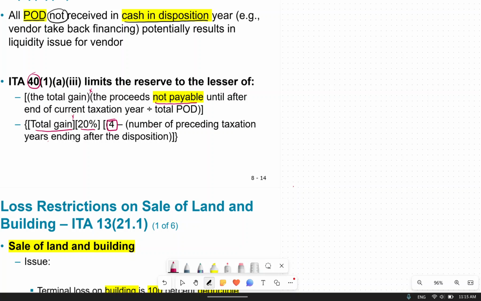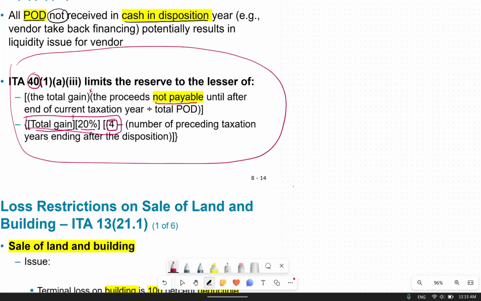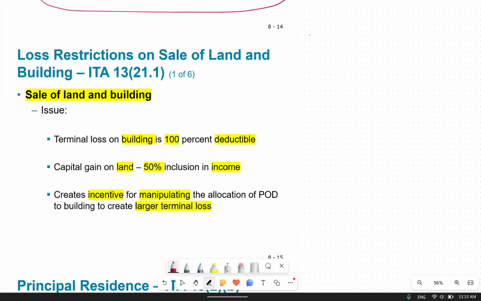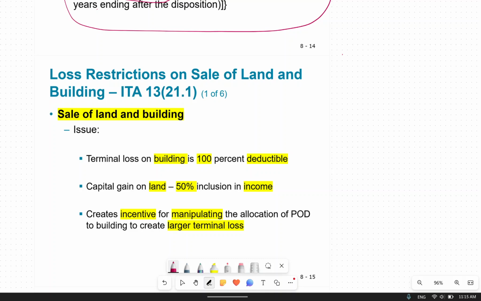These two are in your formula. We're going to do one question; when I do an example, I'm going to do another video to explain it. But at this point, all we're doing is taking the lesser amount, and that will be treated as a reserve.